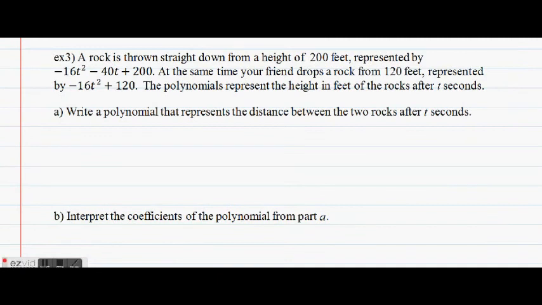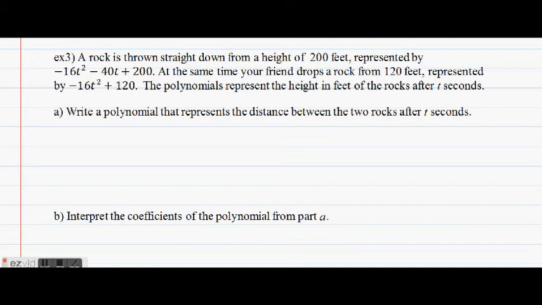Alright, so now, word problems. You may not have to write down every single word here, but write down the important things. You and a buddy, you're throwing a rock. You are 200 feet high, and you're looking at this polynomial, negative 16t squared minus 40t plus 200, and your friend is 120 feet above the ground, and he's dropping a rock.